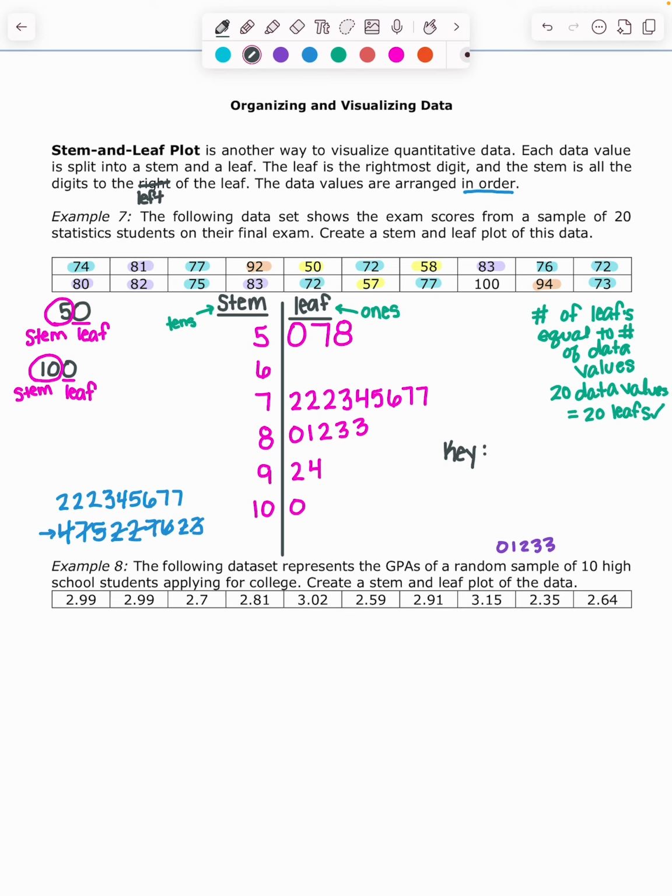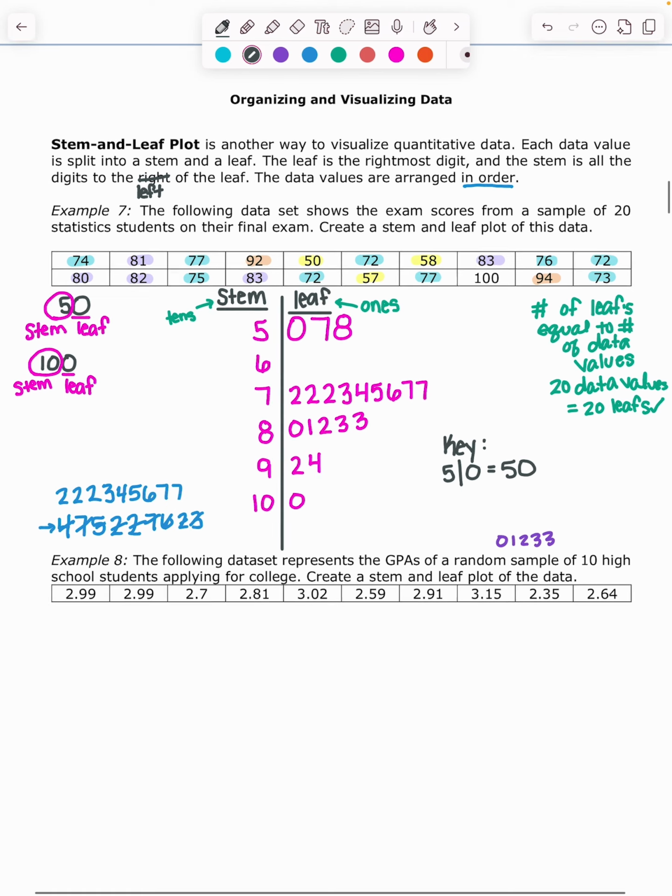Is this 7,200? What are these numbers? So the key lets us know that 5, then the line, and the 0 is the number 50. Not 5.0, not 50,000, just 50. So that's one example.